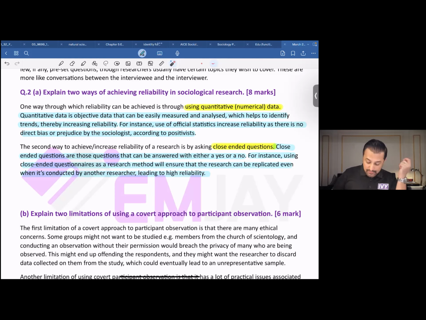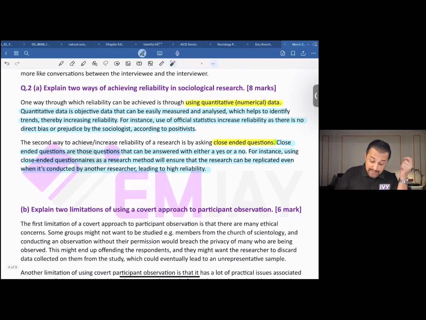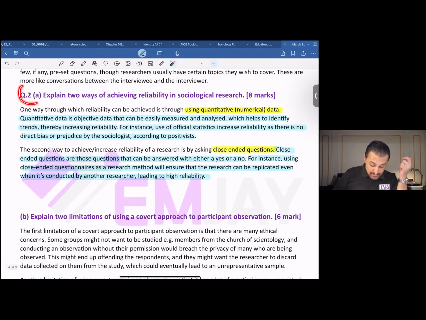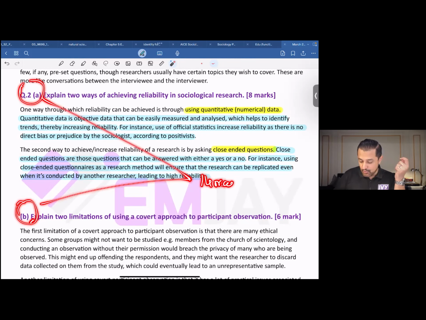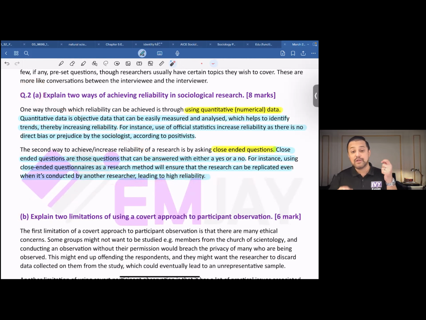Now, taking this ahead, like I had said, question number 2A and 2B, that is question number 2 in total, is of 14 marks, where these 14 marks are divided into two questions, the first question being of 8 marks and the second question being of 6 marks. Now, moving on to the second question here.